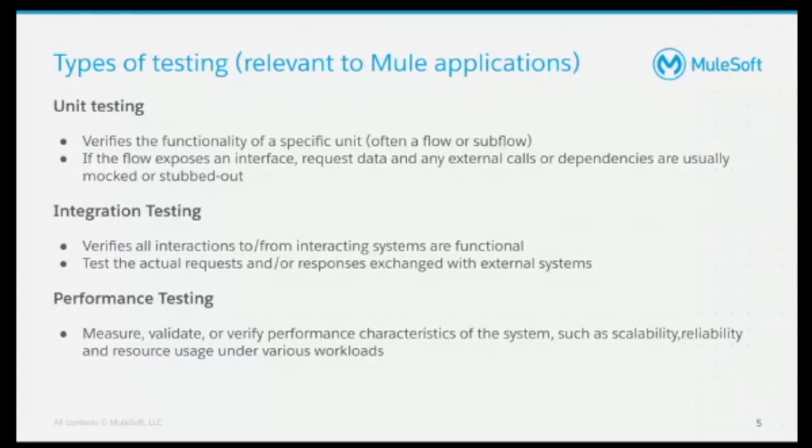It is more of a black box testing where you're only worried about the request that is passed to your Mule applications and the response that is received after it talks to those backend systems. You're making sure that the request and response are as expected, and all the interacting systems are functioning as expected.